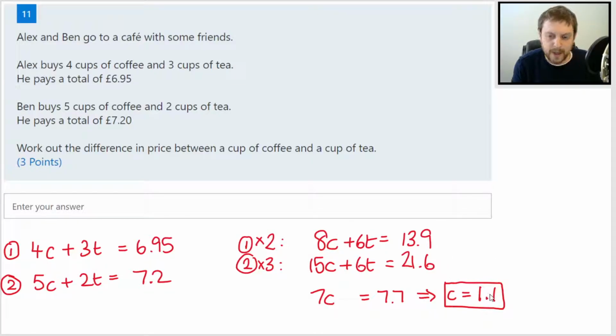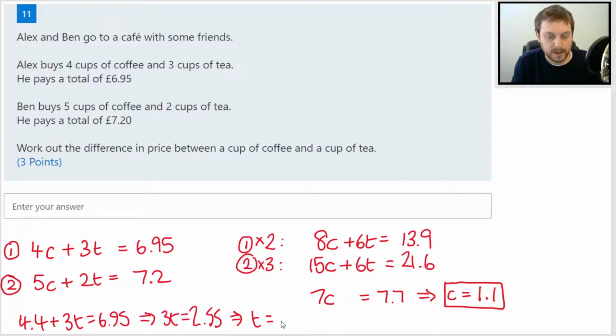Right, and then how do we figure out what is the price of a cup of tea? Well, let's just substitute it back into this first one here. So we'll have 4.4 add 3t is 6.95, which means 3t is 6.95 minus 4.4, which is 2.55.